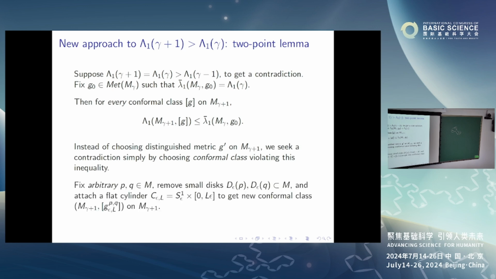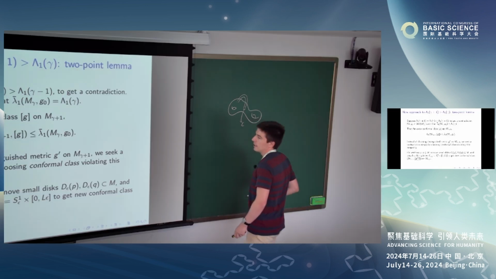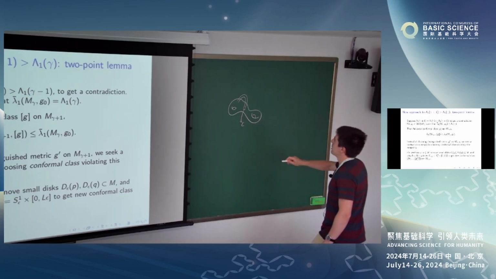Okay. And so again, our starting point will be the same. We fix some points. It's important for what I'm doing here that we fix them in an arbitrary way. Let's cut out some disks, say of radius epsilon here, or just size epsilon. I won't be too precise. So we have some disks here of size epsilon. And let's just attach a flat cylinder.